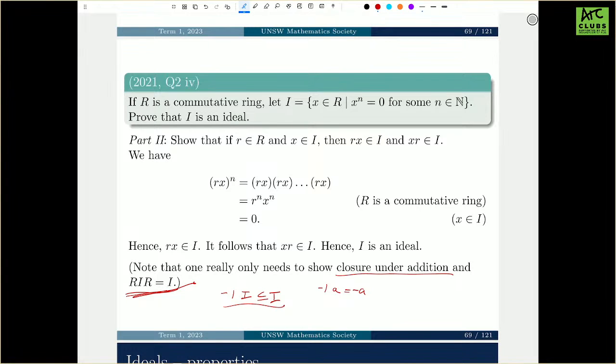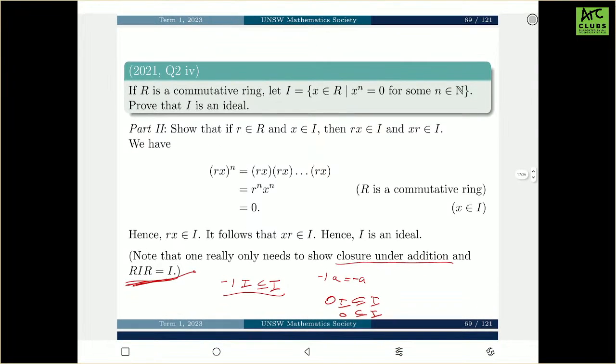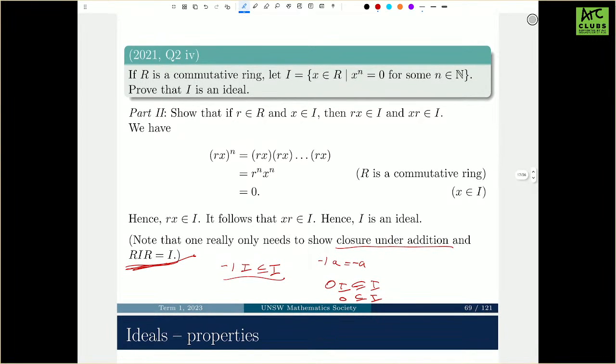For 0, if we have non-emptiness of I, then 0I is a subset of I, so 0 is in I, because 0 times anything is 0. So yeah, it's enough to just show these things and non-emptiness.